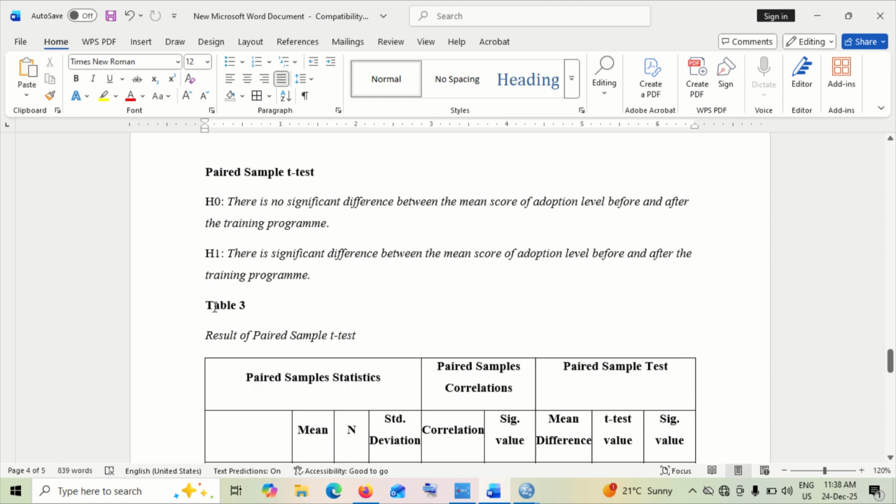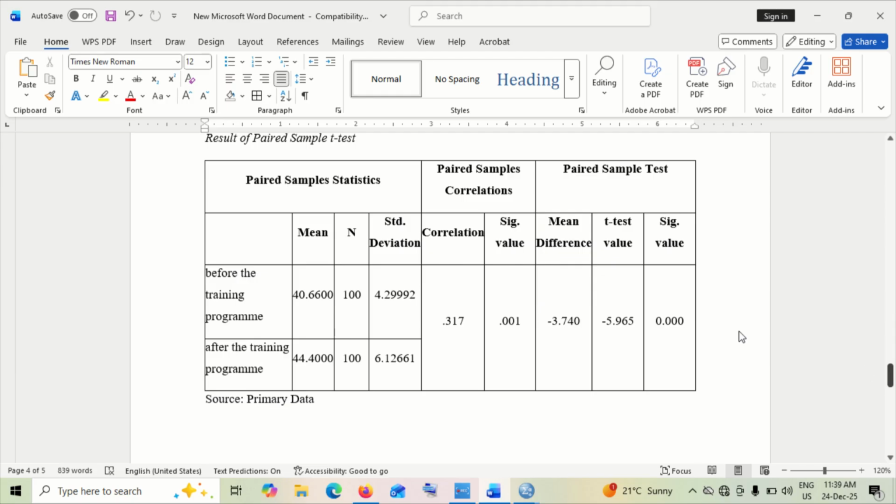The table number is given as 3, since we have already given table number 1 for one sample t-test and 2 for independent sample t-test. Then for the result of paired sample t-test, we have combined the three tables into one. The first part is related to the paired sample statistics of mean, N and standard deviation.